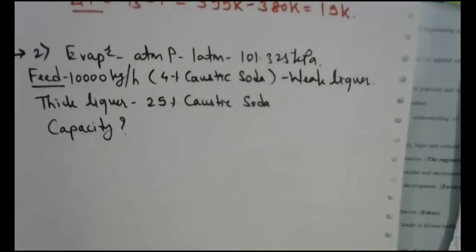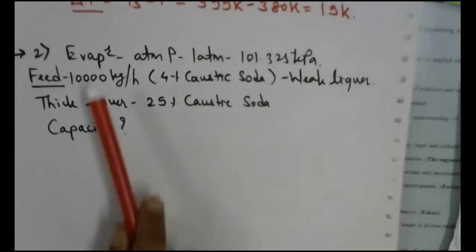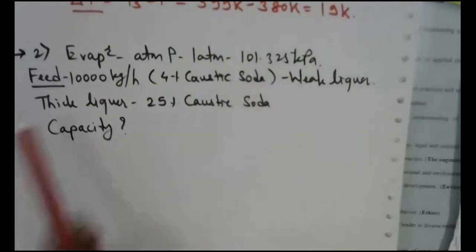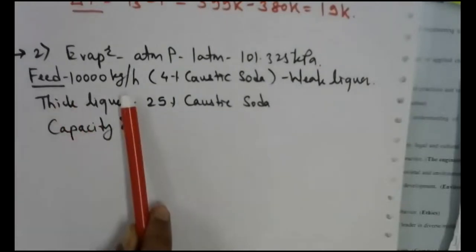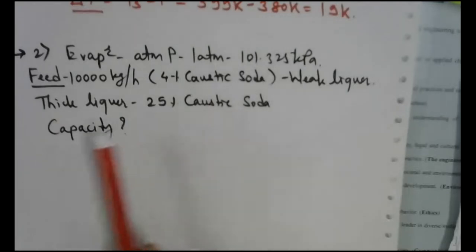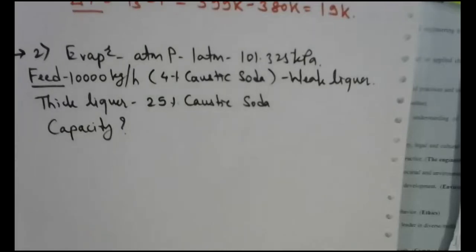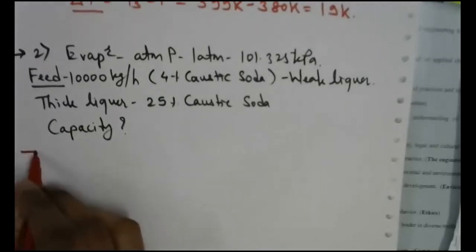So this is the problem. In the numerical, the data given is: the evaporator is operating at atmospheric pressure, the feed is fed at the rate of 10,000 kg per hour, the concentration is 4% caustic soda, and the thick liquor is leaving with a concentration of 25% caustic soda. So we have to calculate the capacity.